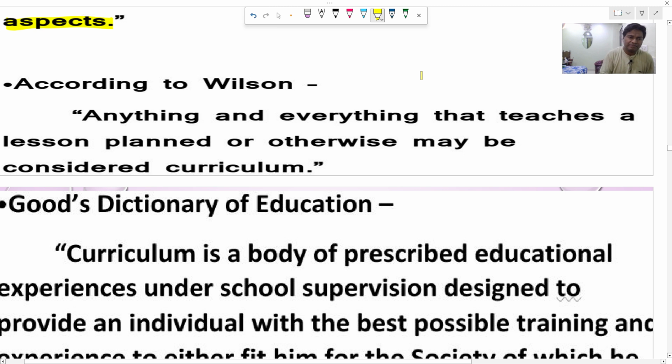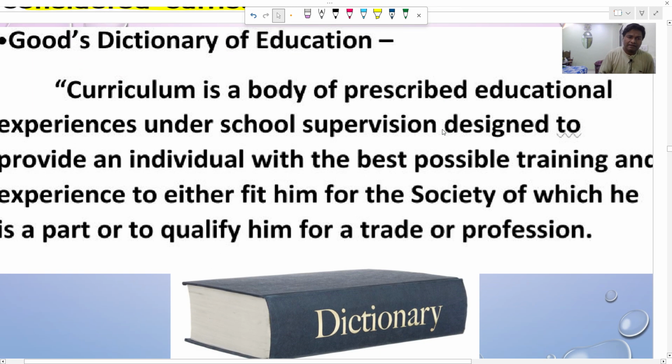Wilson says that anything and everything that teaches a lesson, planned or otherwise, is considered as curriculum. So that is a well planned lesson. Now next, a curriculum is a body of prescribed educational experiences under school supervision designed to provide an individual with the best possible training and experience to either fit him for the society of which he is a part or to qualify him for a trade or profession.